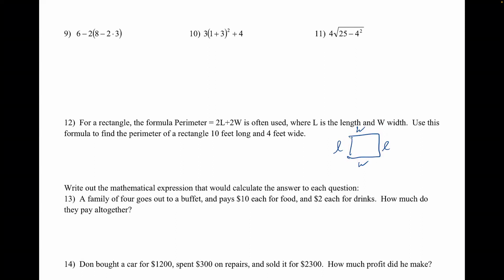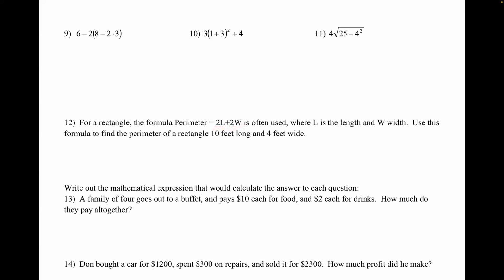The perimeter is the outside of this shape. All right, so we say, okay, 2 times L plus 2 times W. And the reason we say that is there were 2 L's and 2 W's.